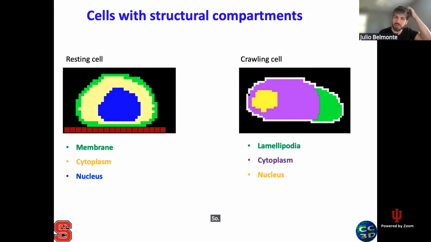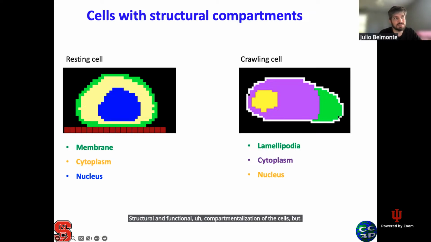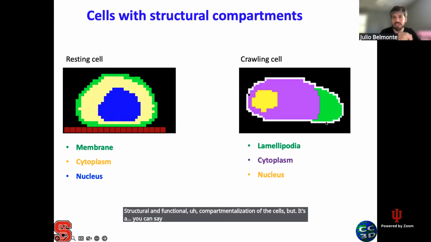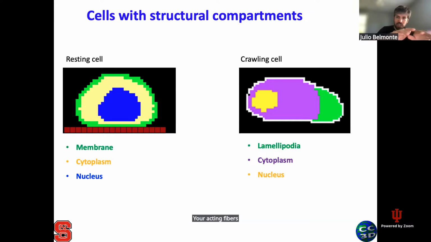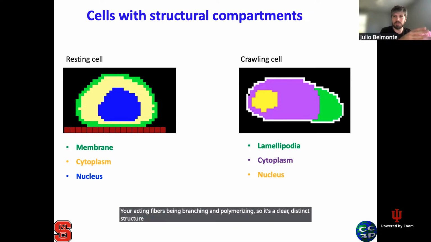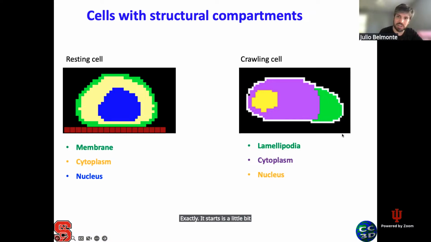So this is a bit of structural and functional compartmentalization of the cells, but you can say it's maybe structural because the lamellipod is clearly different, where you have all your actin fibers branching and polymerizing. So it's a clear distinct structure on the cell, although the boundary of where it exactly starts is a little bit fuzzy, but it's a clearly visible structure.